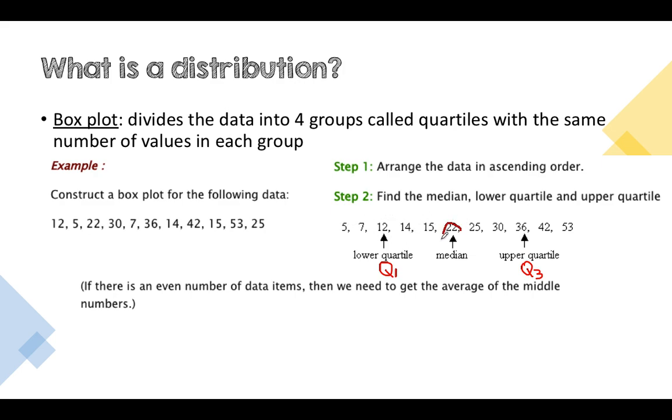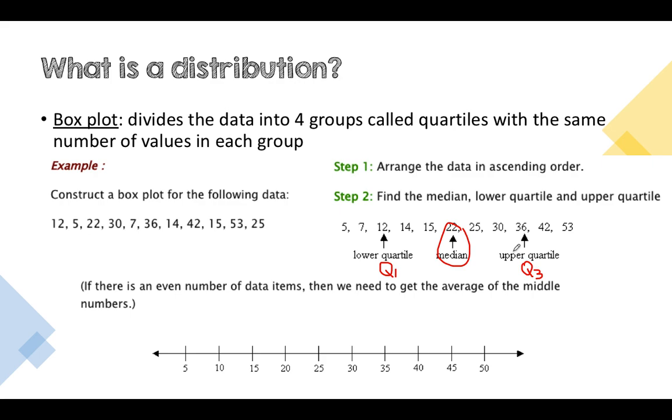So here's the median right in the middle. If you don't count that number, we have 1, 2, 3, 4, 5 numbers in the lower half. So the third number is the middle of those lower 5 numbers. That's called the lower quartile or quartile 1. And then we have these upper 5 values. In the middle of those 5 values is 36. So that's the upper quartile, quartile 3.